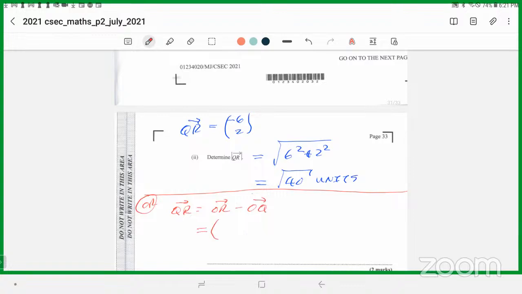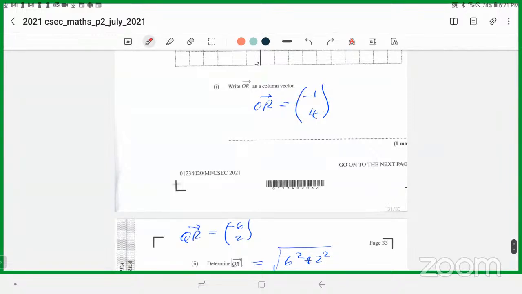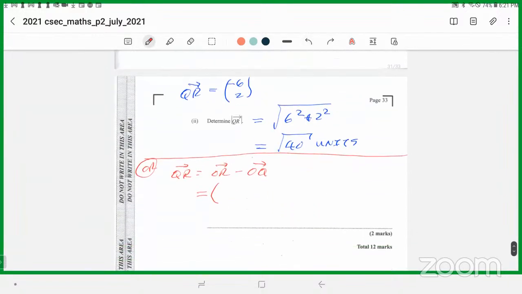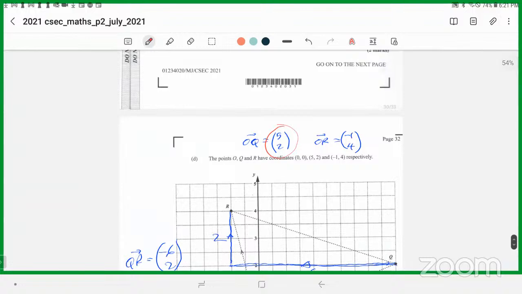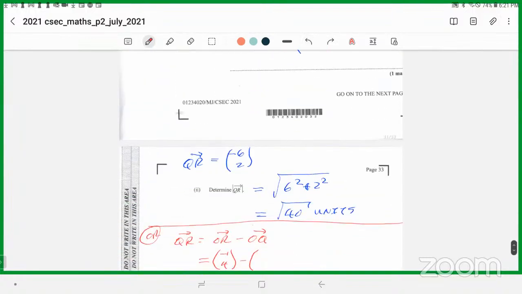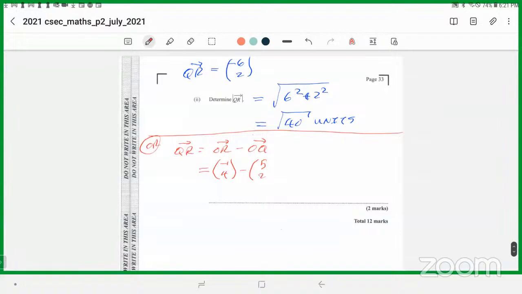OR we said was -1, 4, minus OQ, which was 5, 2. Minus 1 and minus 5 is negative 6. 4 minus 2 is 2. See, it's the same -6, 2 that I got from the diagram.